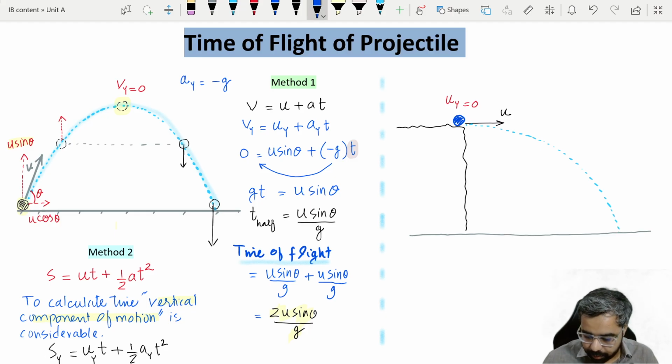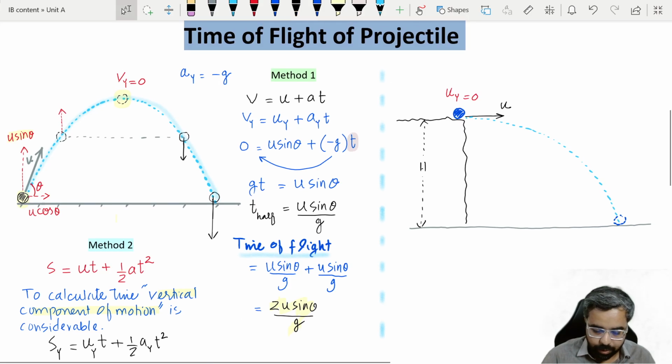Before hitting the ground, how much vertical distance has the ball covered? Because we are calculating time, we can also find it from the horizontal velocity, but I will tell you later. So let's say this is the height of the cliff. How much time will the ball take? Let's apply the equation of motion.